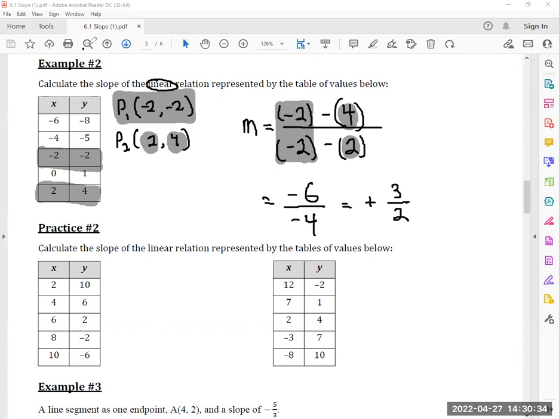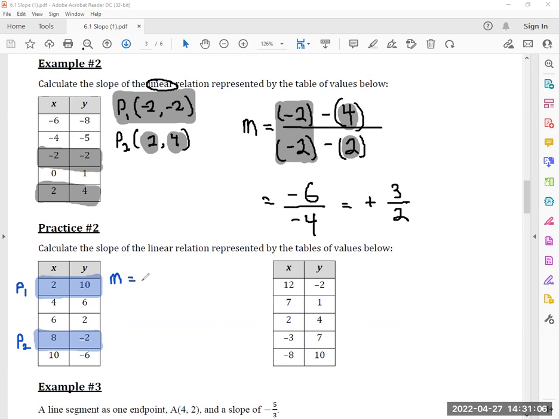It's been a couple of minutes. Elliot, can you choose 2 random points for me? Which one would you use? 2, 10? And one more. Okay. So let's call this one point number 1, and that point number 2.